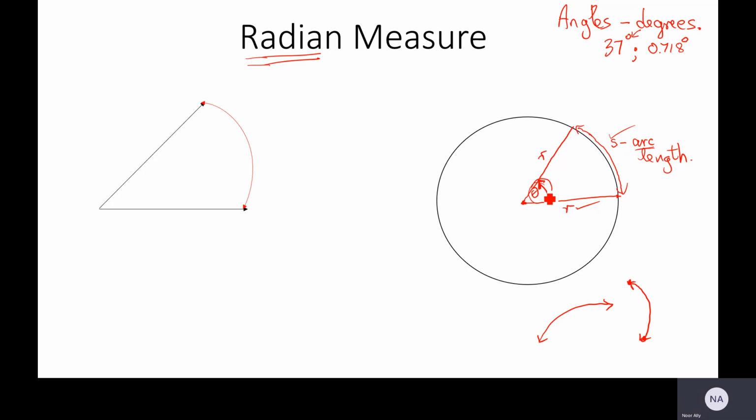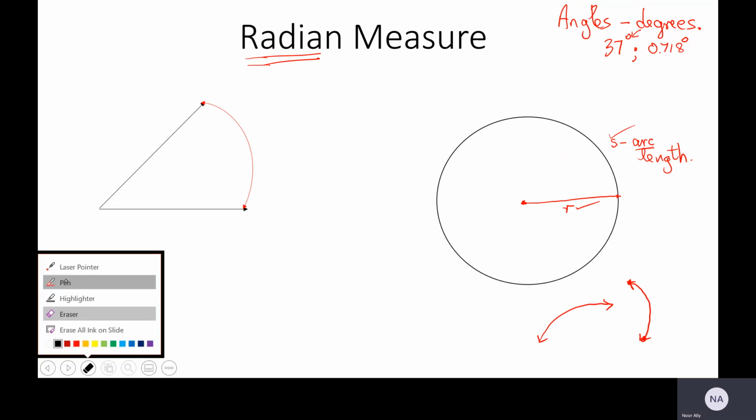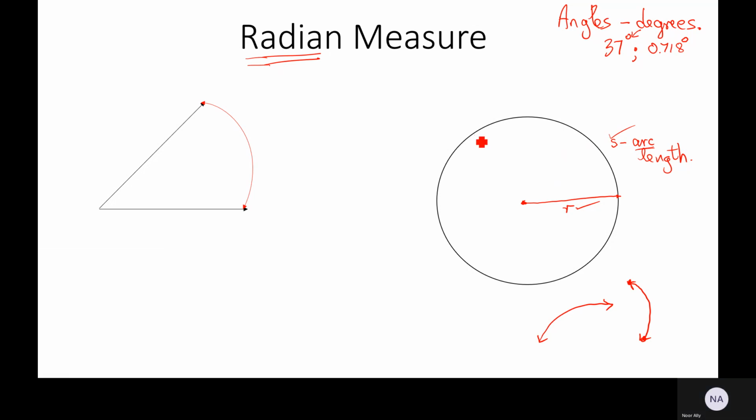In other words, the magnitude of that angle theta is going to depend on the arc length and on the radius. Now, just to see that, let's simply erase this and consider another radius there. And in this case, the angle is now much bigger. That's angle theta.